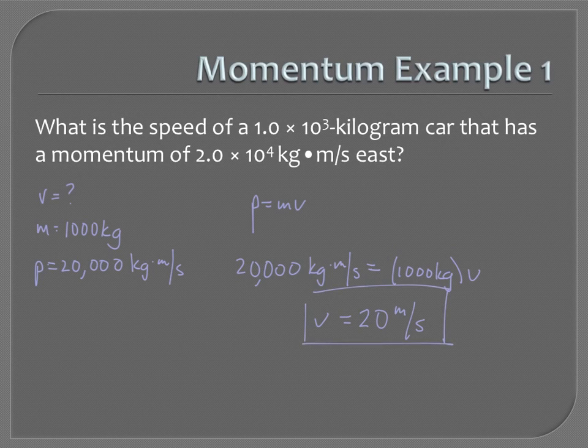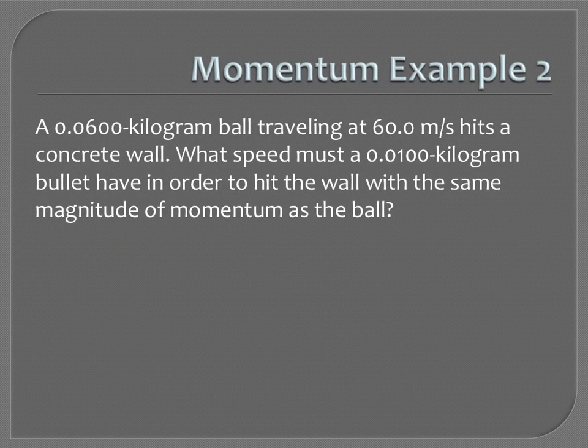Okay. Next problem. A 0.06 kilogram ball traveling 60 meters per second hits a concrete wall. What speed must a 0.01 kilogram bullet have in order to hit the wall with the same magnitude of momentum as the ball? So the momentum of the ball has to equal the momentum of the bullet.